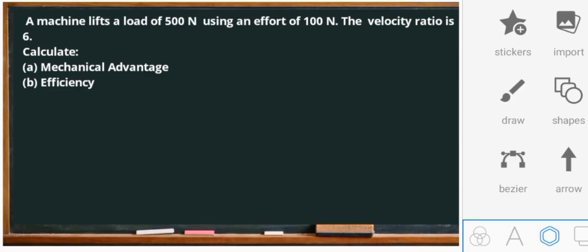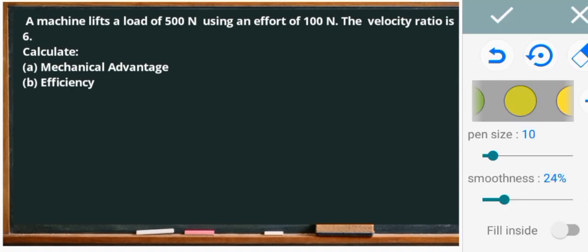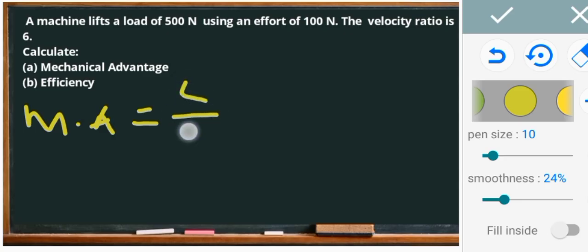So this is the question here now. A machine lifts a load of 500 Newton using an effort of 100 Newton. The velocity ratio is 6. We are to calculate, number one, the mechanical advantage. Now, our mechanical advantage, we have MA equals load over effort. So where's our load?